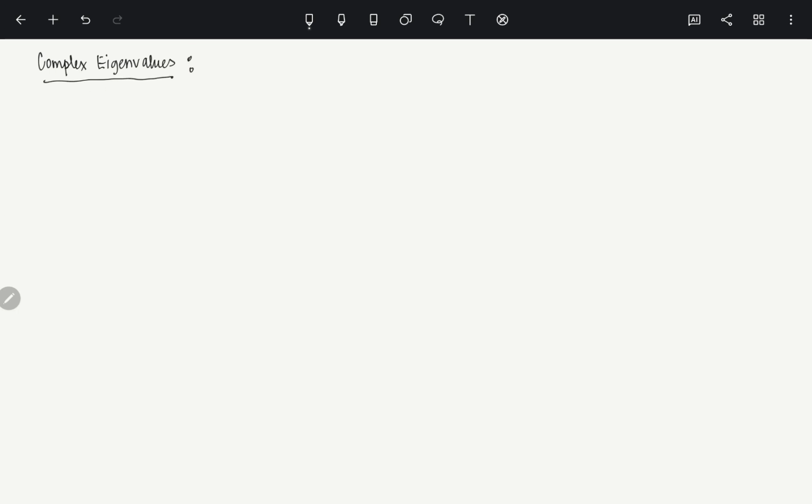Clear? Okay. So now we will assume that A has a complex eigenvalue.